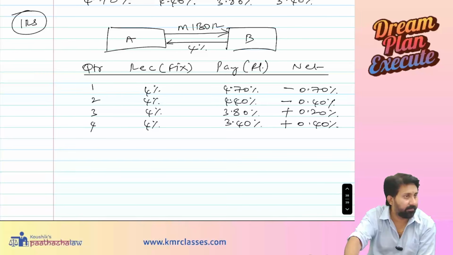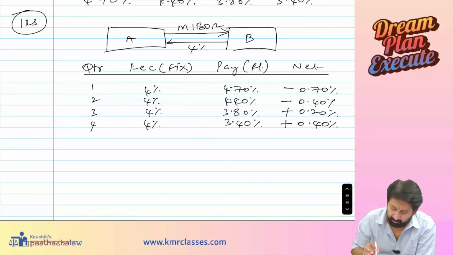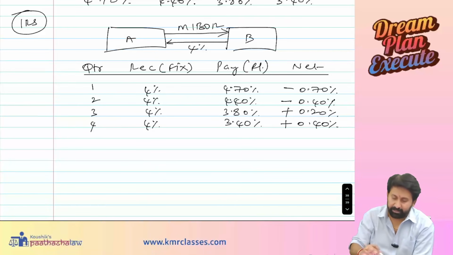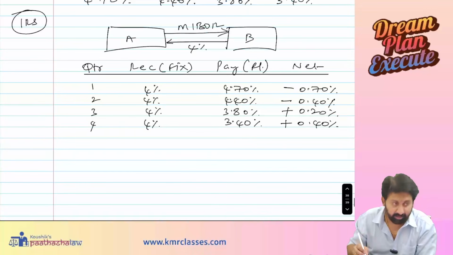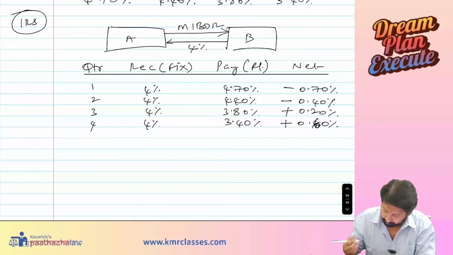Write down up to here. Okay, so 4.7 minus 4 is minus 0.7, 4.4 minus 4 is minus 0.4, 4 minus 3.8 is plus 0.2, 4 minus 3.4 is 0.6. Oh, sorry, 0.6.